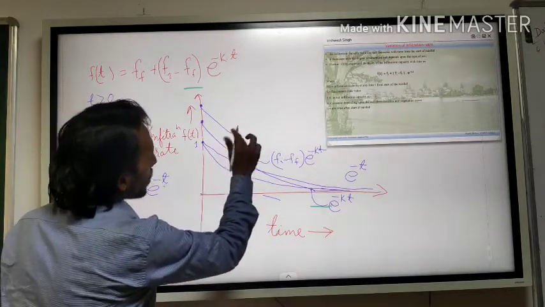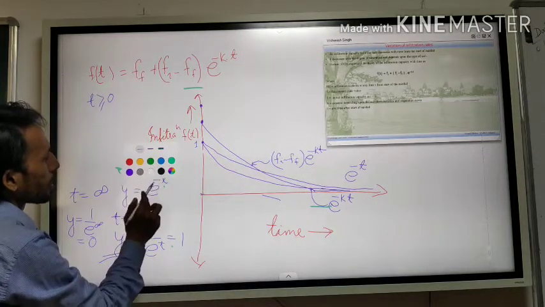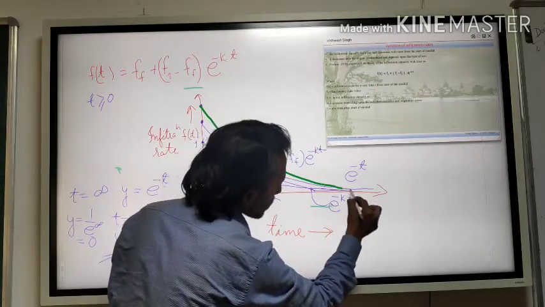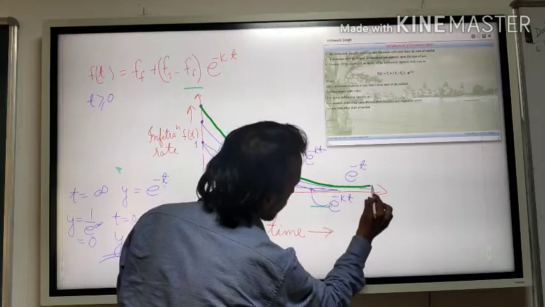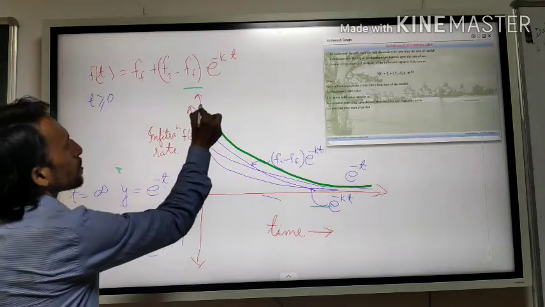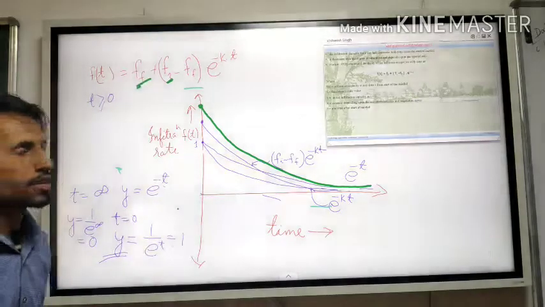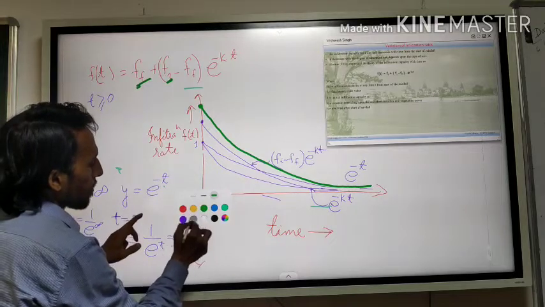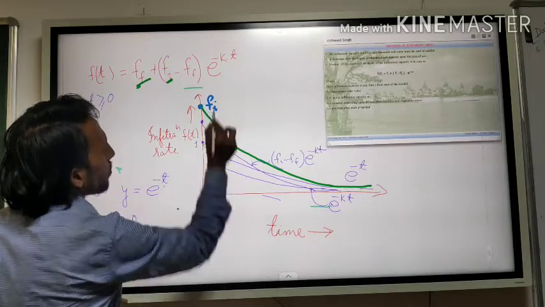Okay, so let me change the color. You should see that it will be like this. This is your final curve. So what is this? This is your initial rate of infiltration, Fi.